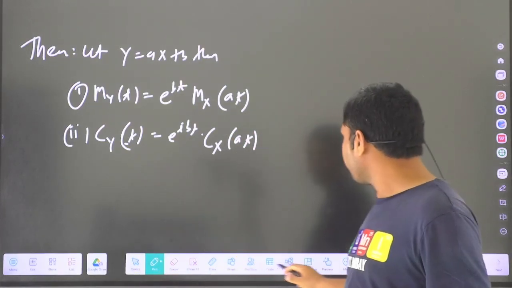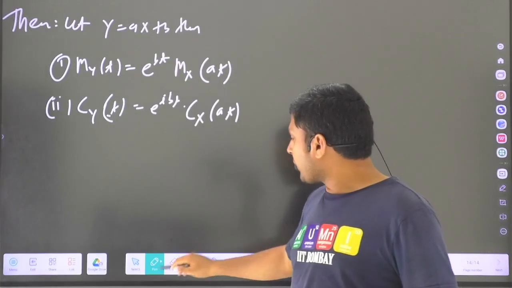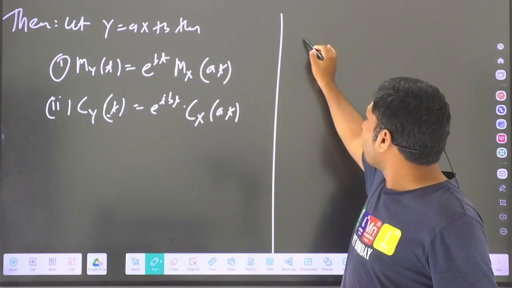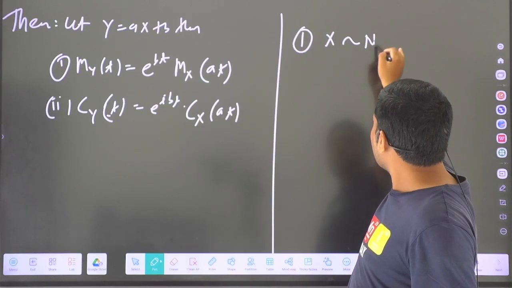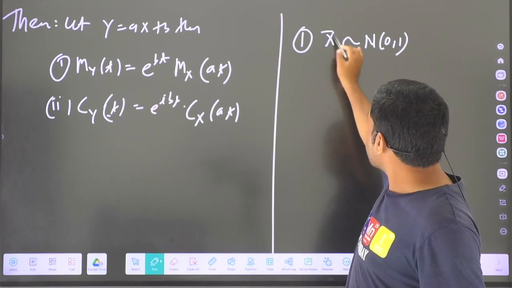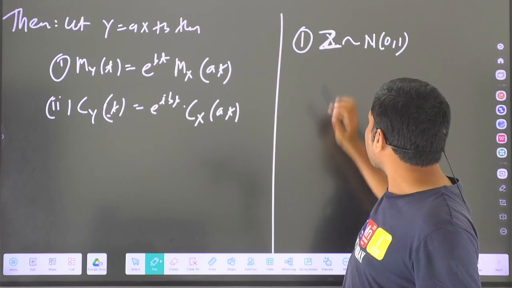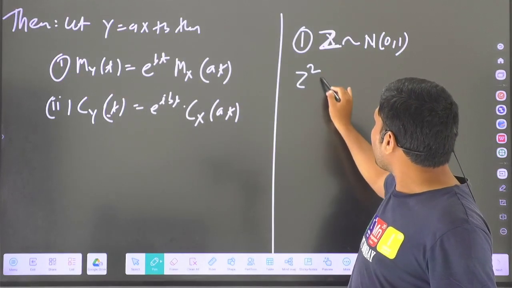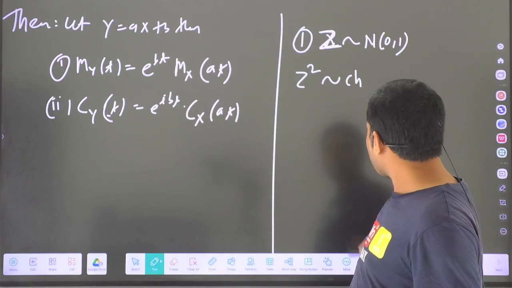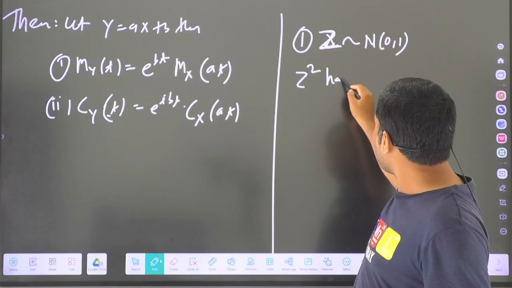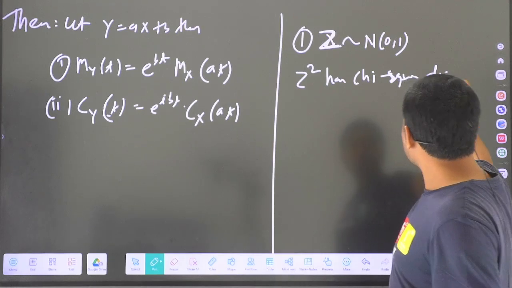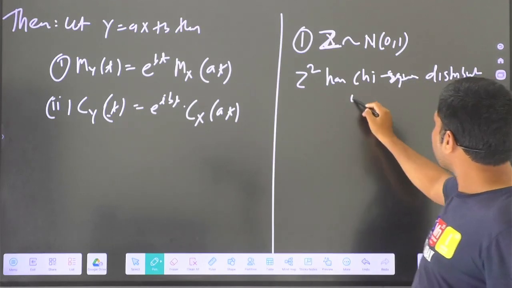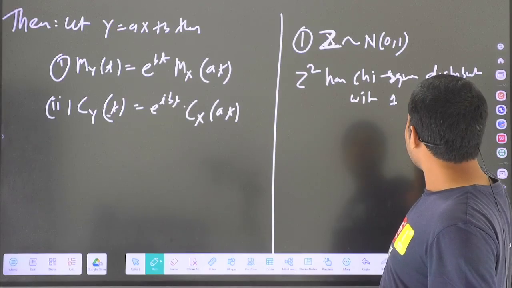For example, if Z is normal 0, 1, then Z square has a chi-square distribution with 1 degree of freedom.